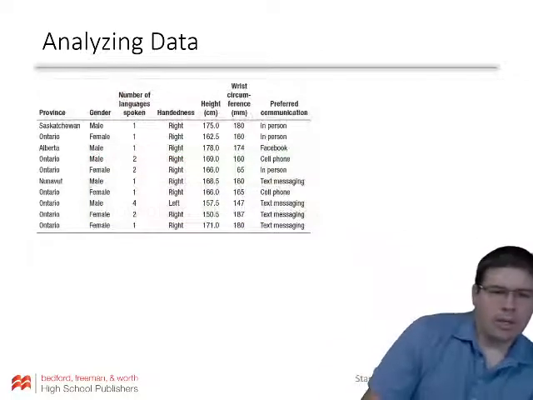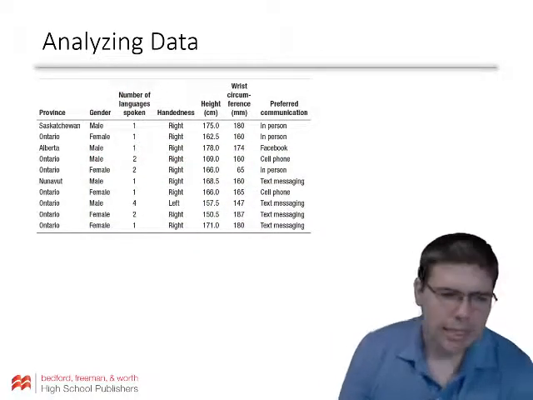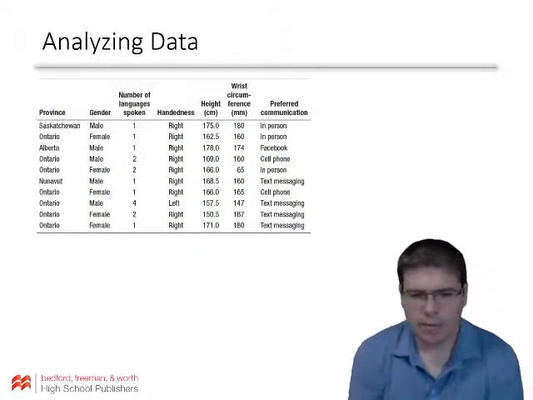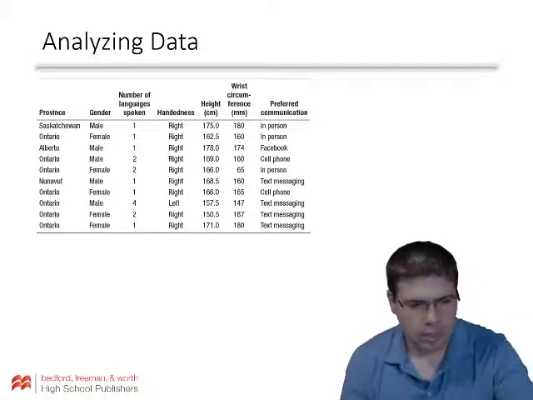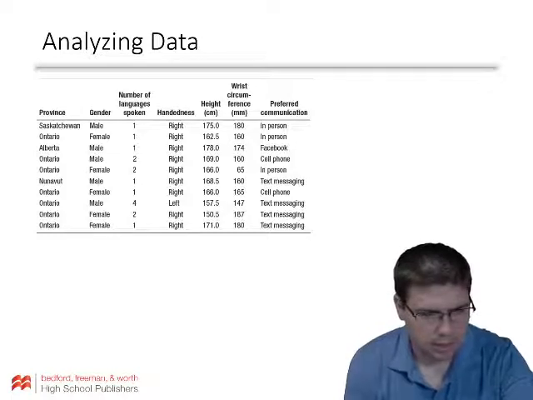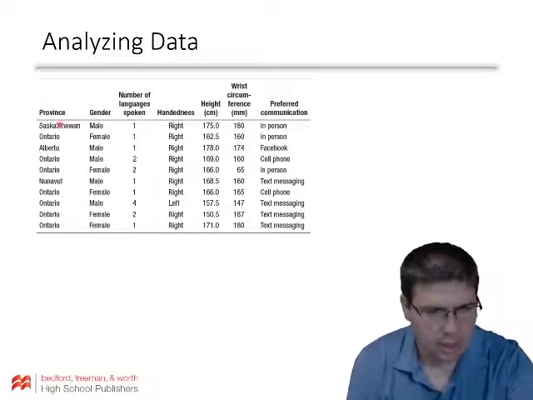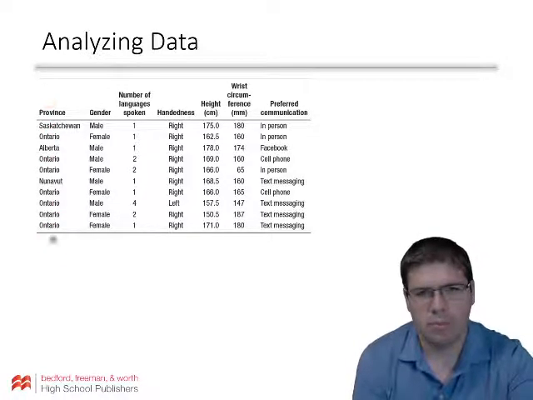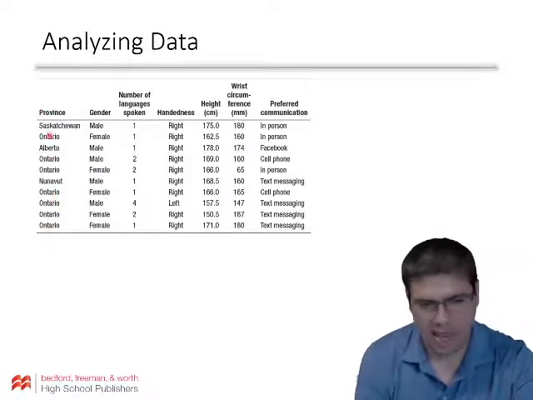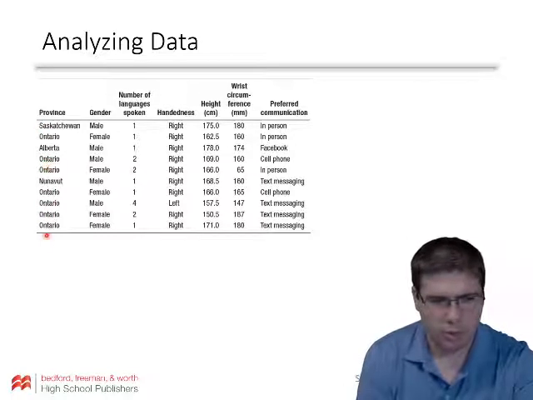So when we're analyzing a data set, here's an example of some raw data that were collected. Over here on the left we see our provinces. That's the categorical variable here, where we've recorded the province.